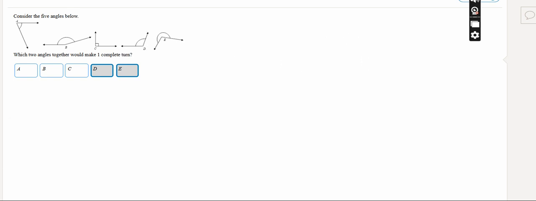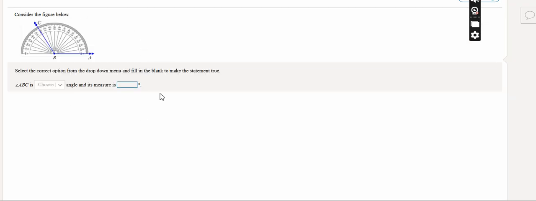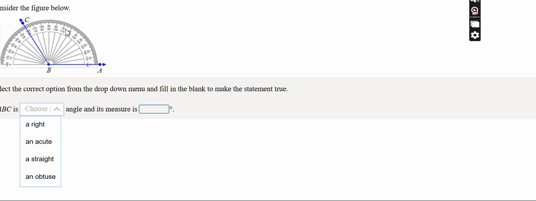The next we are going to talk about is question number 12. Let's look into it. Select the correct option from the drop-down menu and fill in the blank to make the statement true. Now, you can see angle ABC is making a larger angle than 90. When you zoom in, you can see that this is 120.